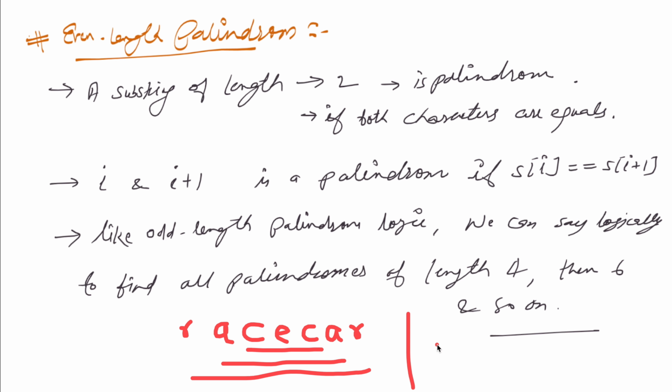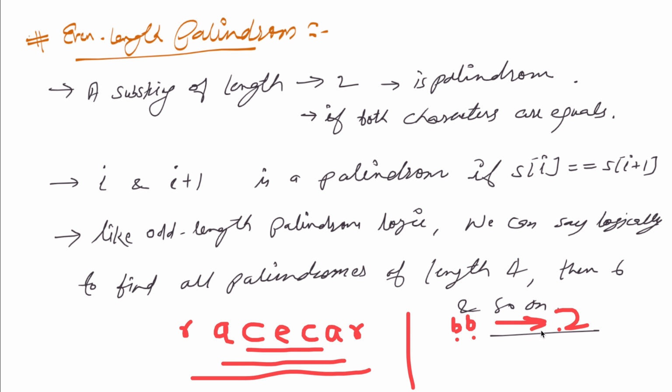Now we are talking about the even condition. Let's suppose we have B and B. If this is i, this becomes i plus 1, right? Currently its length is 2.